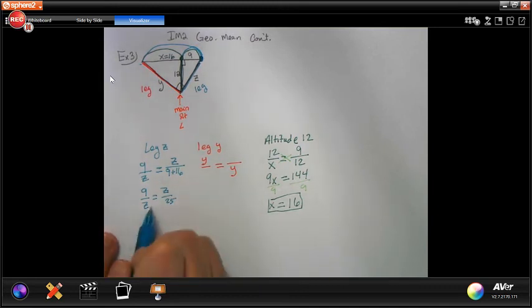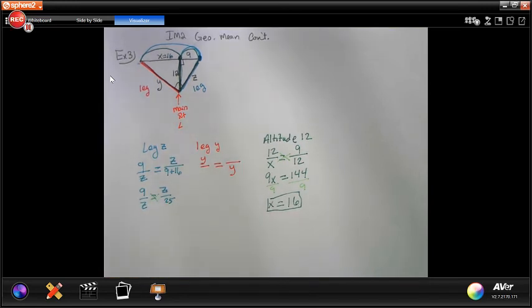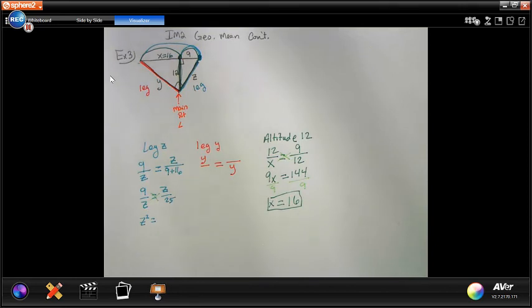Okay? So, cross multiply. Z times z is z squared equals 9 times 25, is that 225? 225, and then I square root. This one does have z squared, and since it does have z squared, we square root.